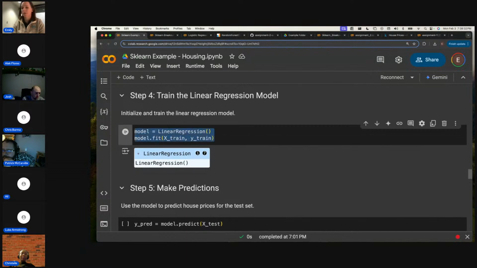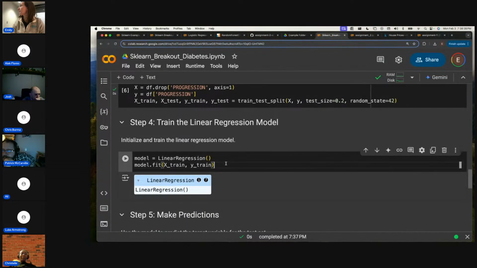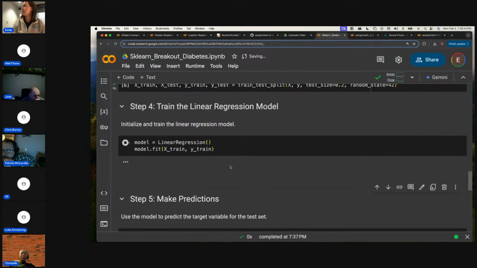You think we can just copy and paste this code? Yeah, probably. So model, we're going to define that as linear regression. We're not going to pass any parameters to it, so we're just going to use the default assumptions from the package. And then we're going to call model.fit. We're going to pass X-train, and we're going to pass Y-train, and we're going to run this.